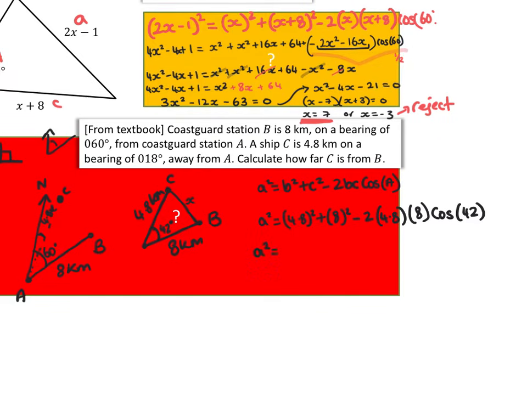So a squared equals 29.966, and then when we square root that, a equals 5.474, and then to three significant figures, it's 5.47 kilometres, okay?